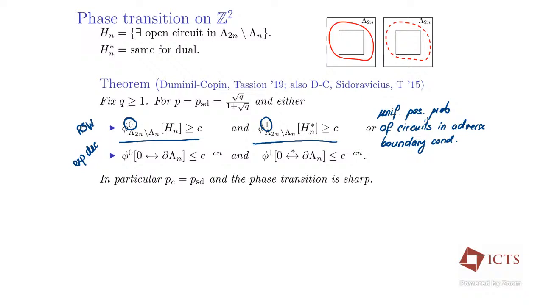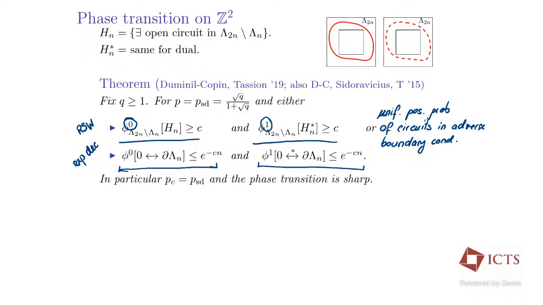So what I mean is, for instance, even if you put free boundary conditions extremely far from you at infinity, they still influence what happens locally, and they influence it very strongly. Essentially, you're in a subcritical measure. Phi 0 is behaving like a subcritical measure, meaning it has exponential decay of connection probabilities. Whereas phi 1 behaves like a supercritical measure.